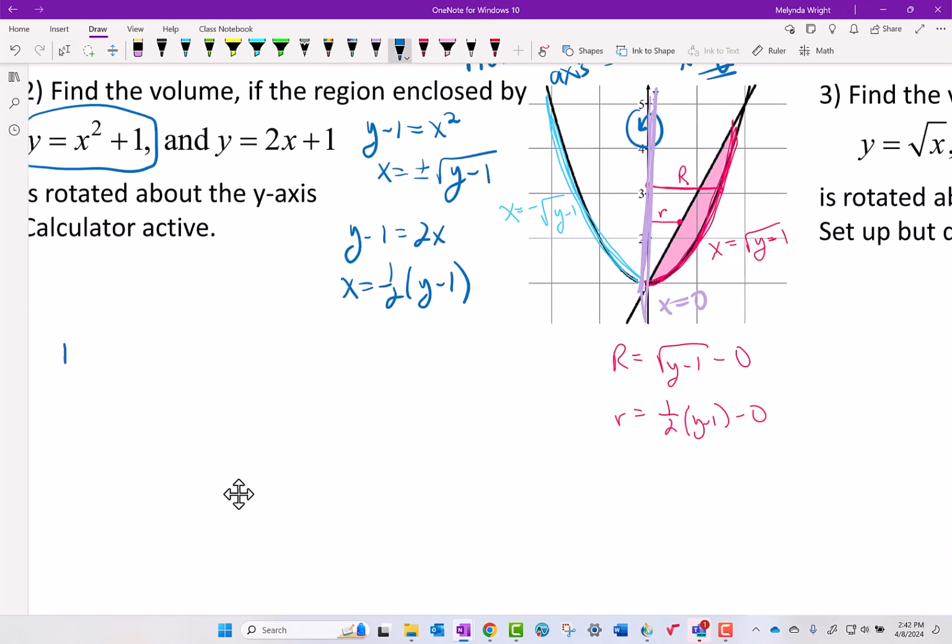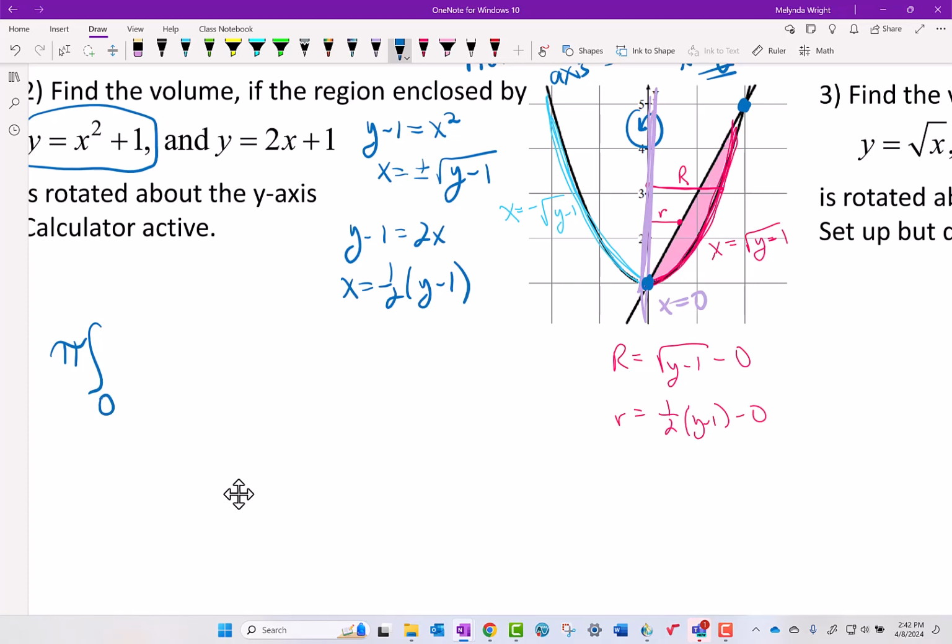So we've got pi integral. This one is a little harder to see, but I can still tell where these locations are, where those two intersect. Again, if I couldn't tell, I would set them equal to each other. My little y value is 0, and my big y value is 4.